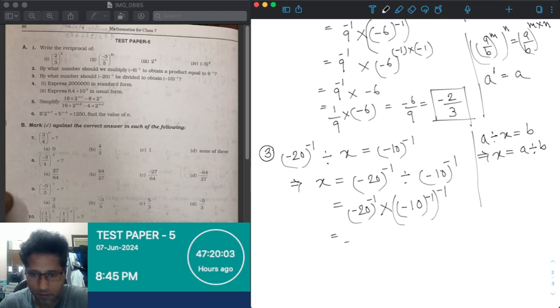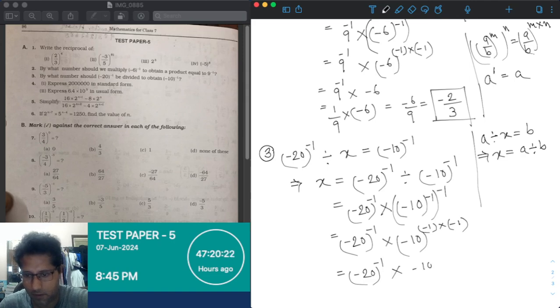So this is minus 20 to the power minus 1 multiplied by minus 10 raised to the power minus 1 multiplied by minus 1. So this is minus 20 raised to the power minus 1 multiplied by minus 10.